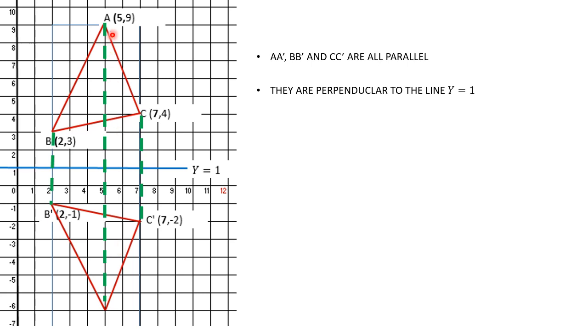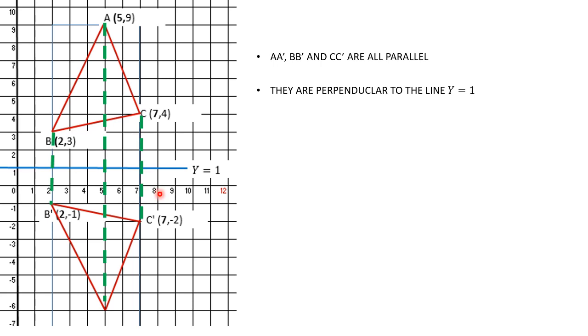As a matter of fact, if we were having A, B, C, and A prime, B prime, C prime, and then we are told to look for the middle line, we just need to connect the point A to A prime and bisect, or B to B prime and bisect, or C to C prime, any of them, and bisect. You'll be able to get the middle line. That tells you something.